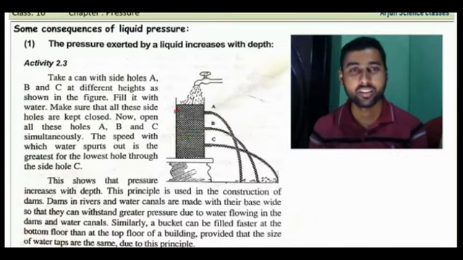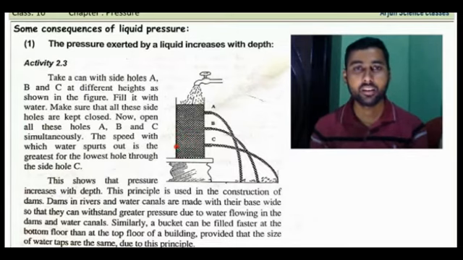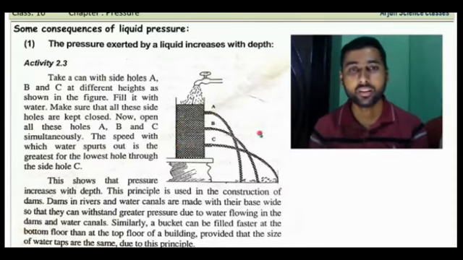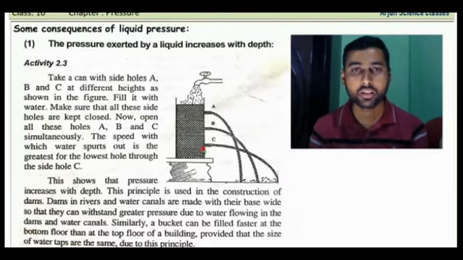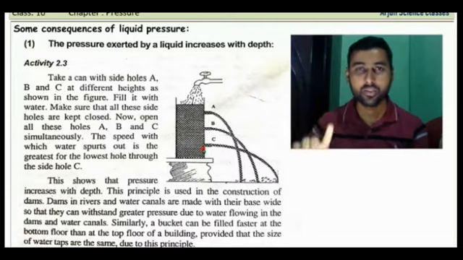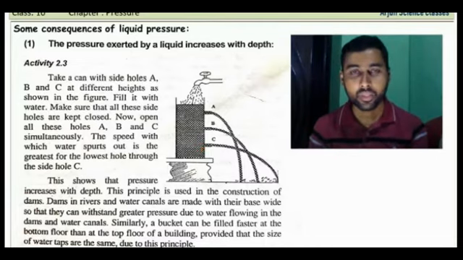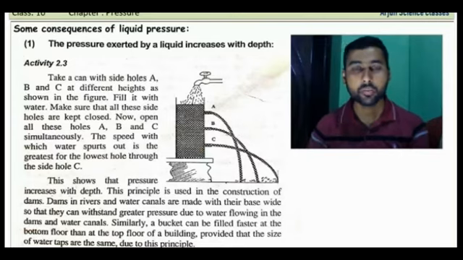This is a can or bottle or any container filled with liquid, and here you can see three holes, A hole, B hole and C hole, placed at different heights of the container. The container is filled with the liquid, and all these holes are opened at once.